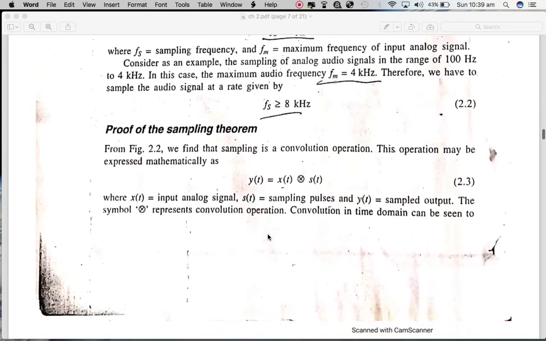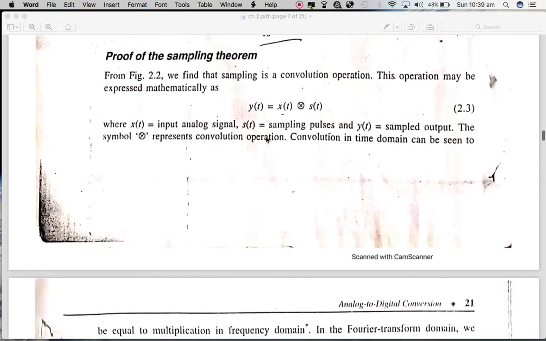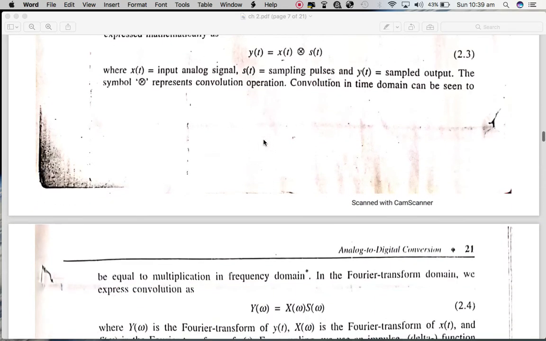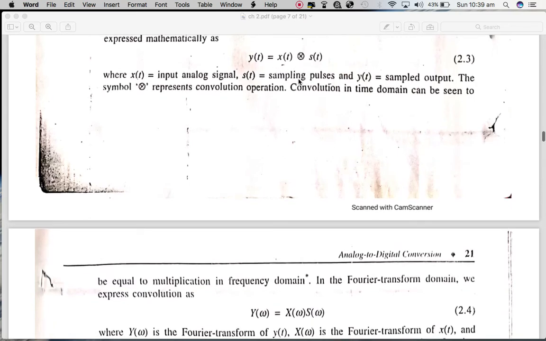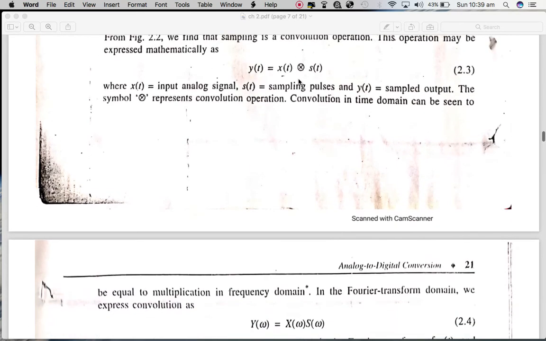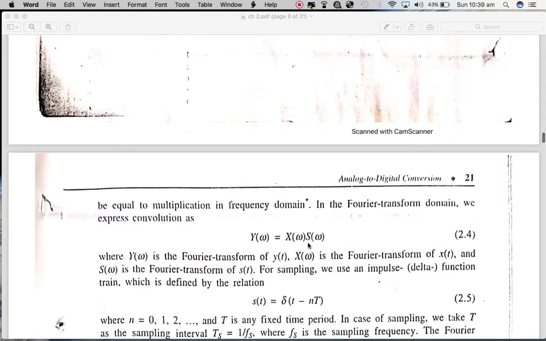We can transform it into the frequency domain, doing its Fourier transformation, and we know that convolution in the time domain is equal to multiplication in the frequency domain.